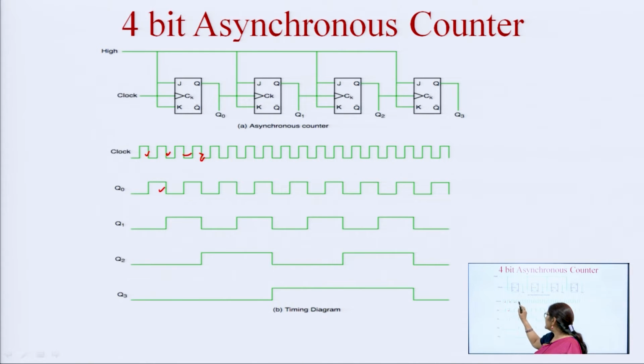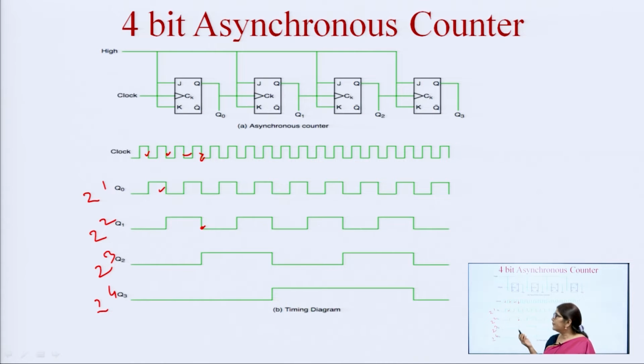When the fourth pulse is there, then it will change its state. If we are using a number of flip flops, the first flip flop will divide by 2 to the power 1, the second flip flop divides by 2 to the power 2, that is 4, the third by 2 to the power 3, and the fourth by 2 to the power 4.